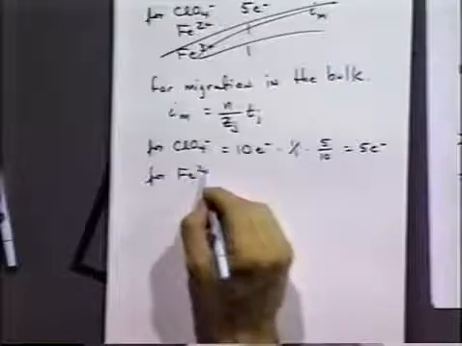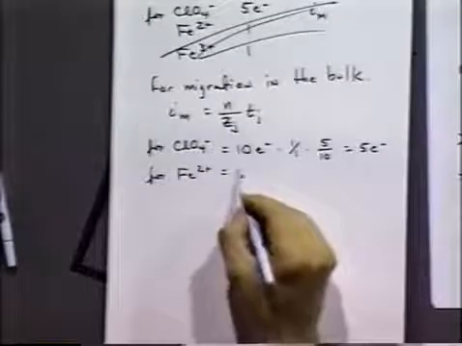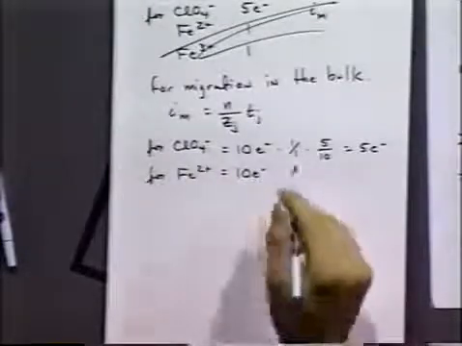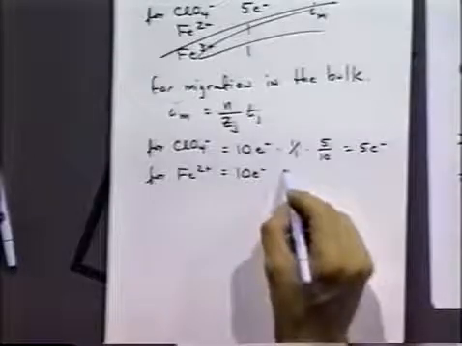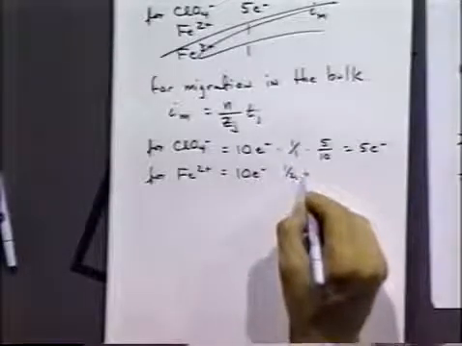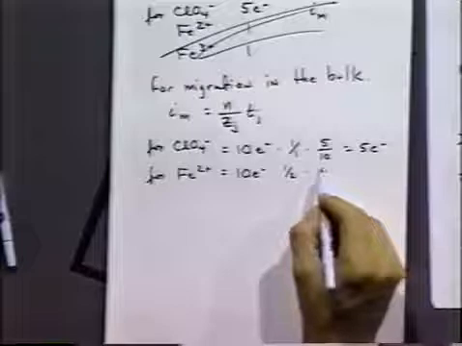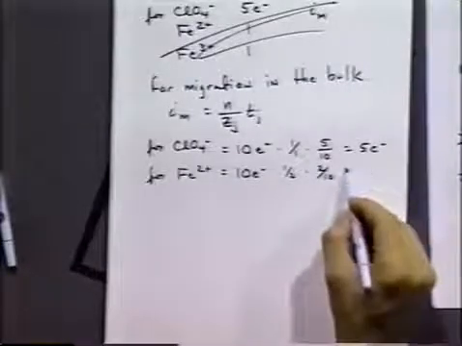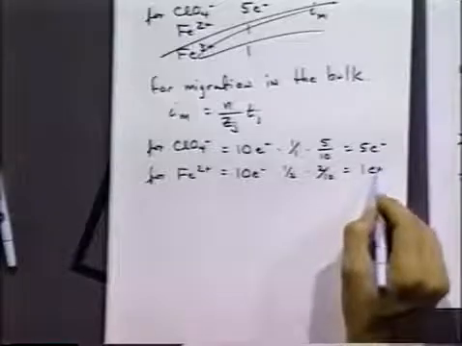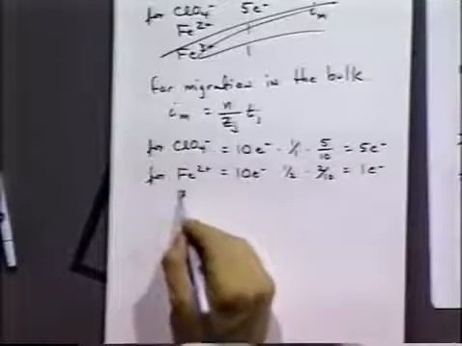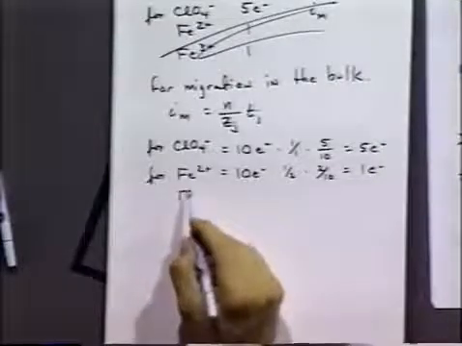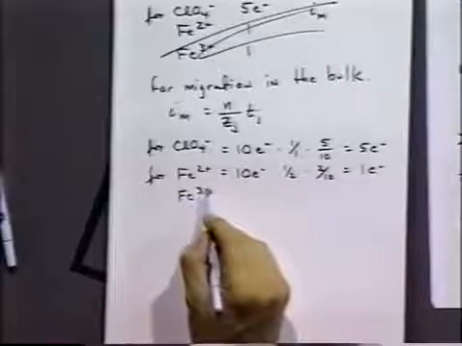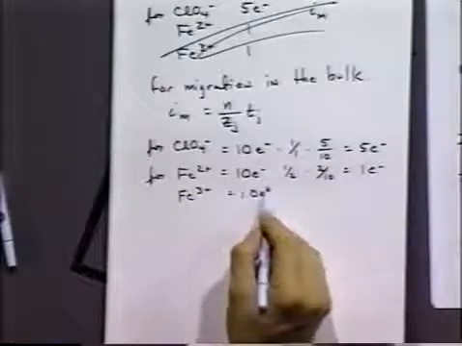For iron 2 plus, again 10 electrons. It has a 1/2 charge times its 2/10 transference number, and so that refers to 1 electron being carried. And for iron 3 plus, same calculation.